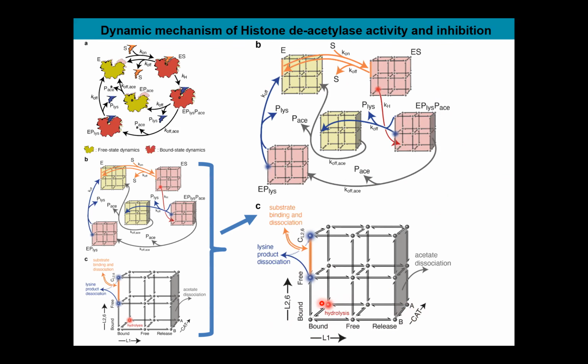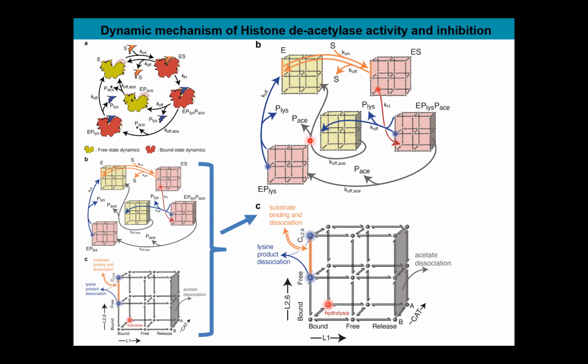And then I assume this hydrolysis is going to happen only from the conformation where the L1 is in bound conformation, L2, L6 is in bound conformation, and the catalytic region is in the A state, which is actually the state observed in the crystal structure. And in this region only we have assumed that the L1 region will be in the release state, as we have observed in our CPMG experiment.